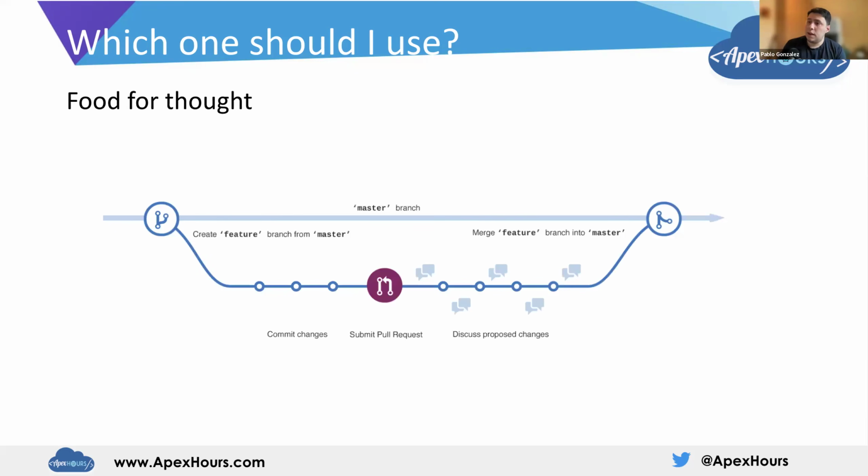Now, I guess my goal for this session, the most important thing for me, is that in addition to the sandbox versus Git thing, I would like you to think about this.